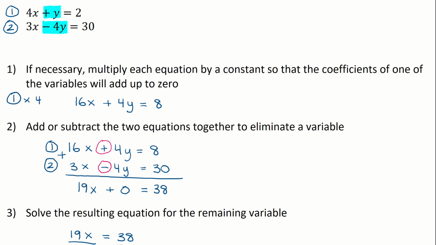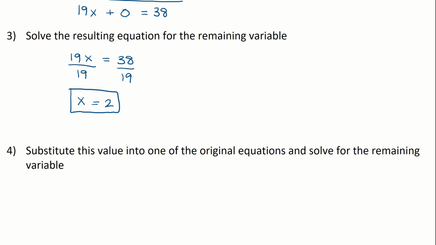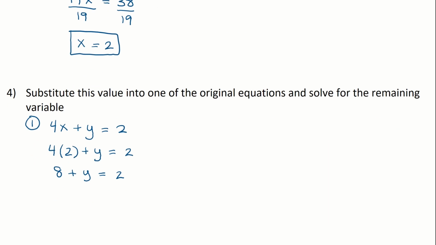I'm going to choose 4x plus y is equal to 2. So equation 1 was 4x plus y is equal to 2, and I'm going to plug x equals 2 into here to get 4 times 2 plus y is equal to 2. 8 plus y is equal to 2. Subtract 8 from both sides, and that gives us y is equal to negative 6.